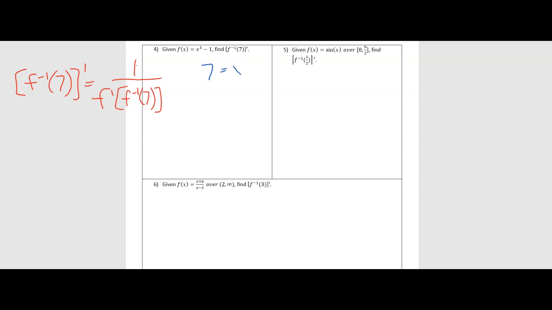So I get 7 is equal to x cubed minus 1. Then I get 8 is equal to x cubed, and the cube root of 8 is 2. So I get 1 over f prime of 2, because f inverse of 7 would give us 2.